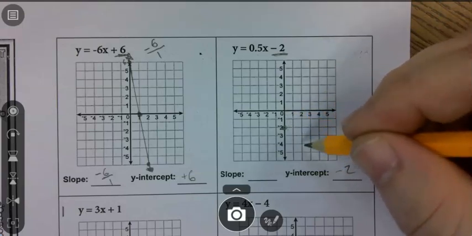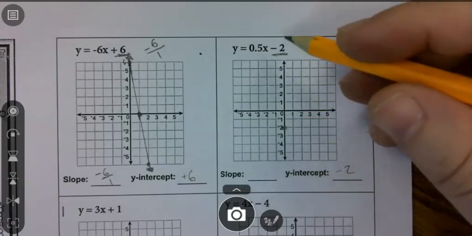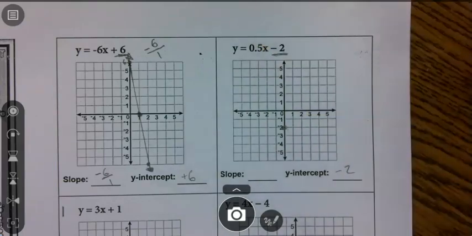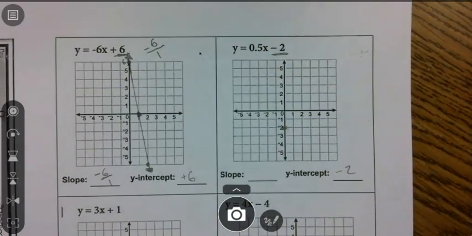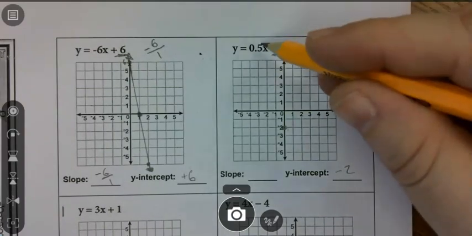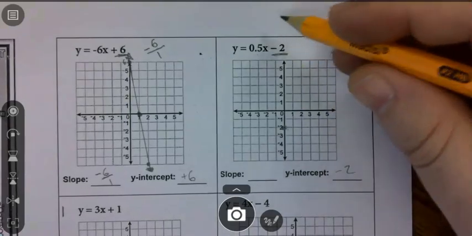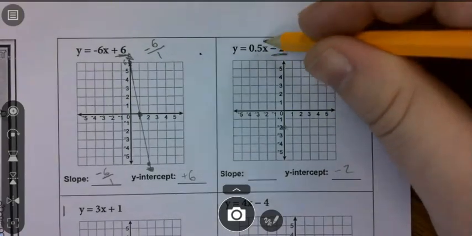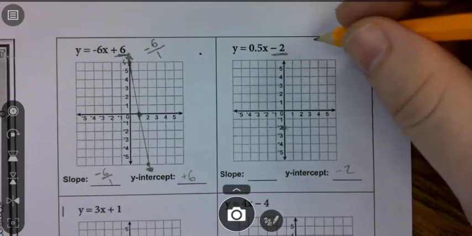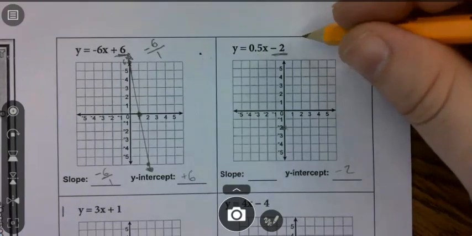Next, from there, I'm going to count in order to find my next point. Now, seeing that I'm at 0.5, I've got a decimal number here.